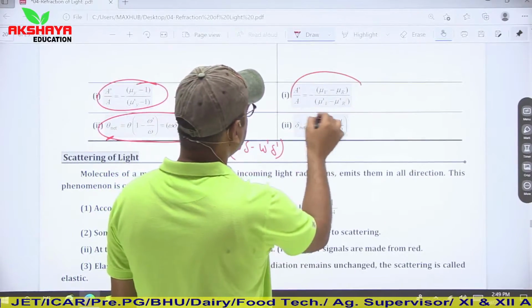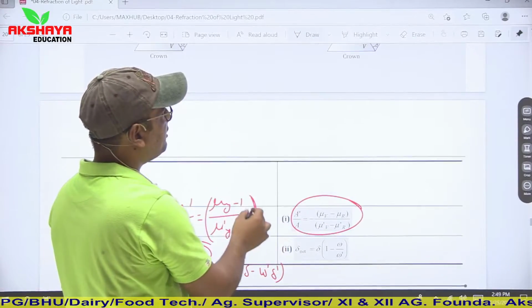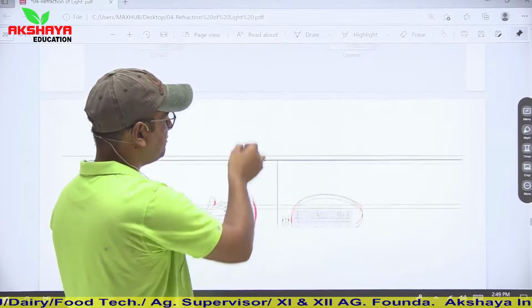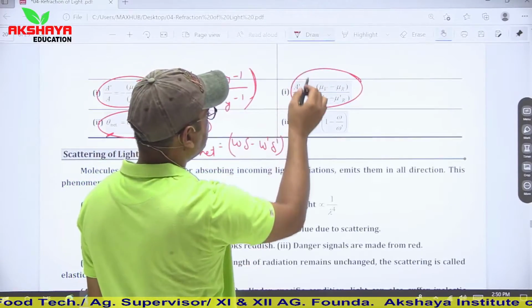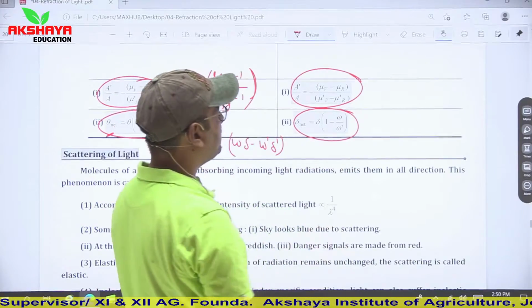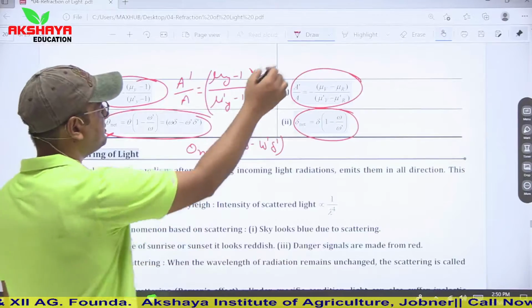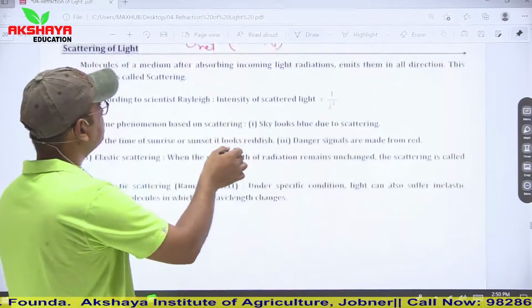Similarly, in the second case, deviation without dispersion, delta net is equal to delta into (1 minus omega upon omega dash). So these are some general relations for the two cases.